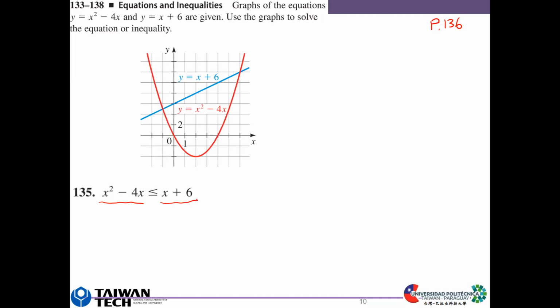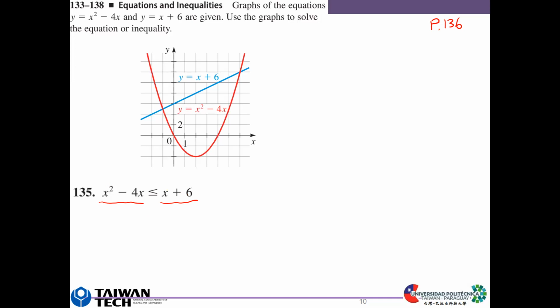And if we solve it graphically, you can see this x plus 6 is in blue, and y equals x squared minus 4x is in red.